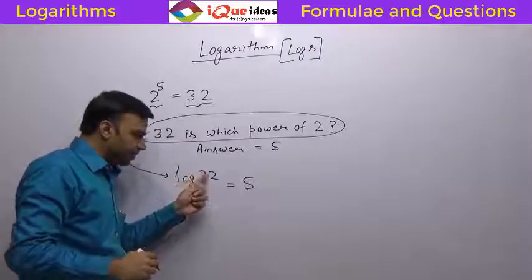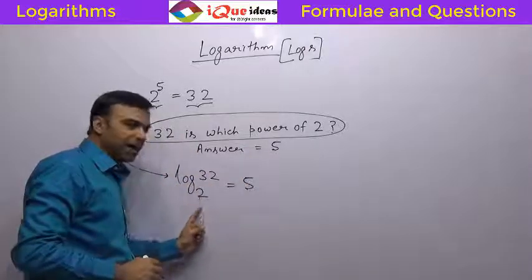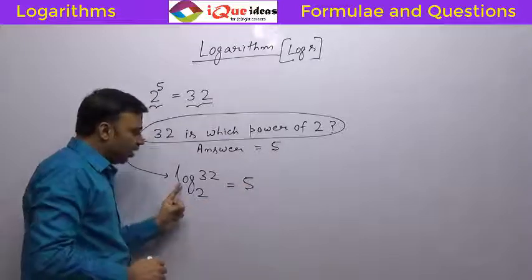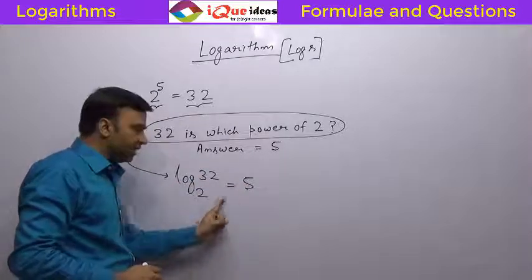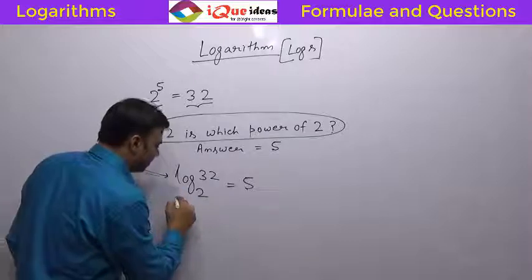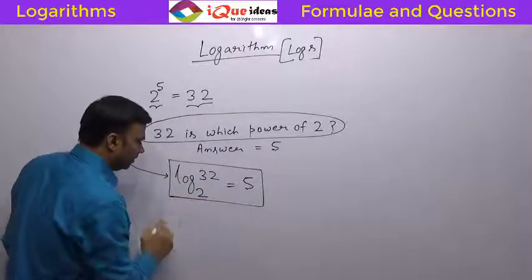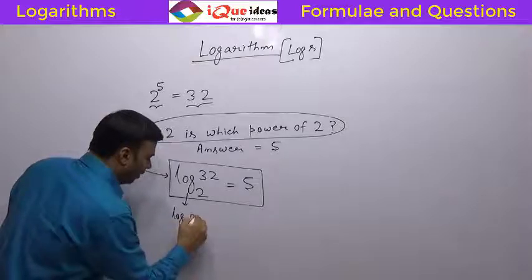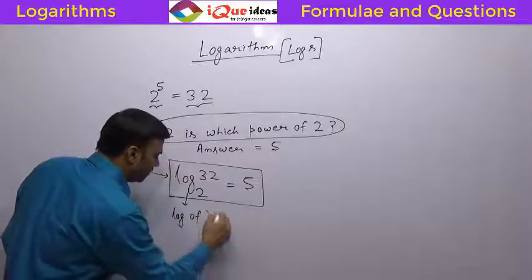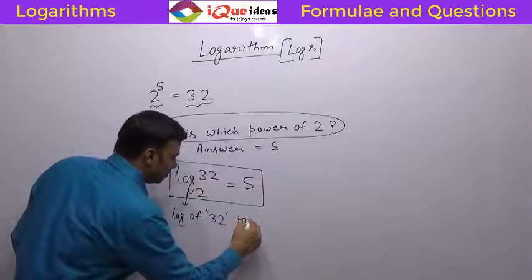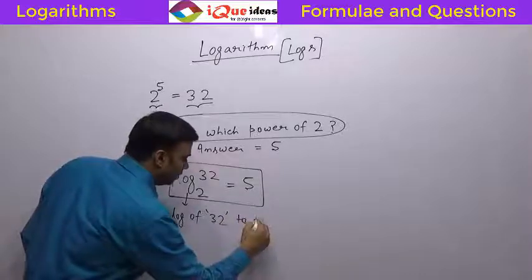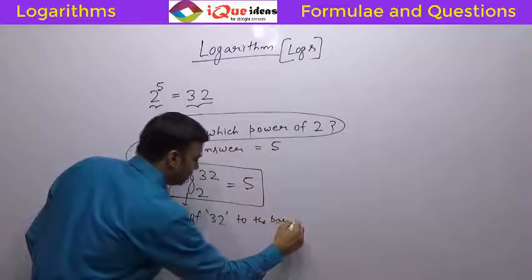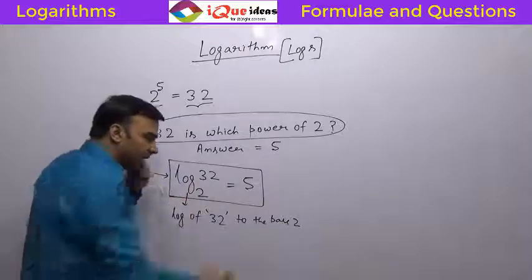So we say because 32 is 2 raised to the power 5, we say log of 32 to the base 2 is equal to 5. So this expression defines log. It is read as log of 32 to the base 2 is equal to 5.